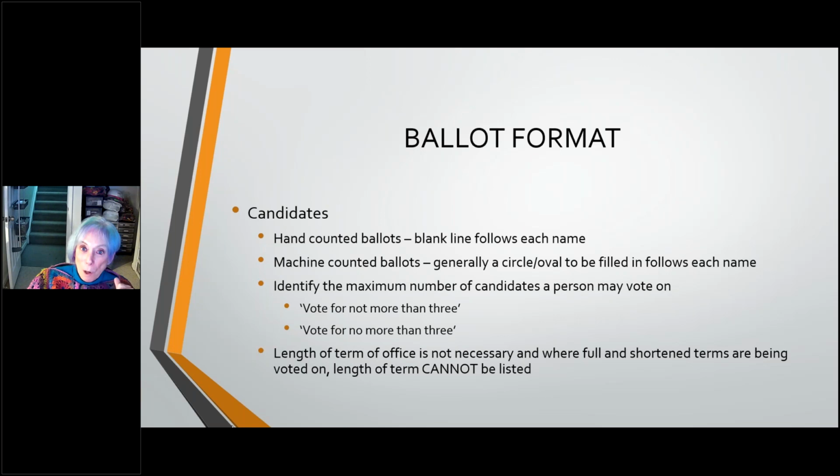If you are doing a polling place election, your ballot needs to have 2 ballot stubs at the top. Each of the ballot stubs has the same number, and they're numbered in order. You can either have them pre-printed, or as you hand out the ballots in a polling place election, you could number them yourself.